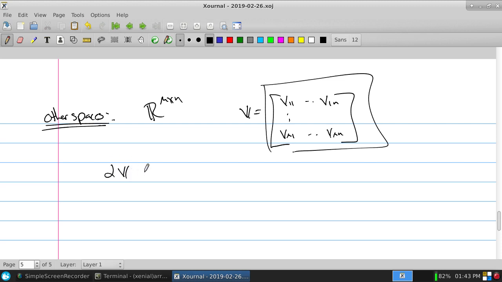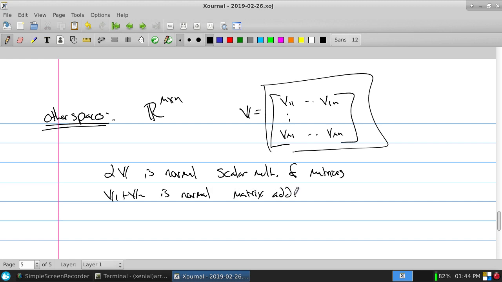Obviously alpha v is the normal scalar multiply of matrices, and obviously v1 plus v2 is normal matrix addition. And you have to check all 10 axioms.